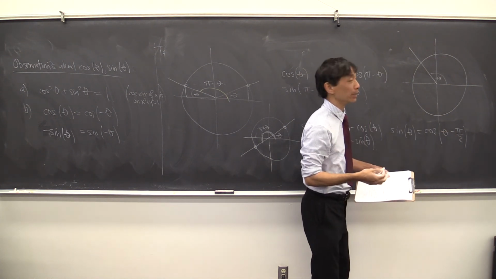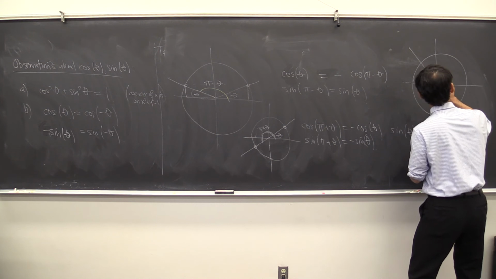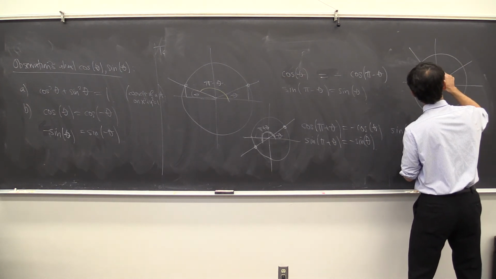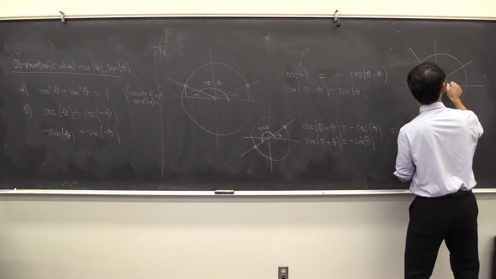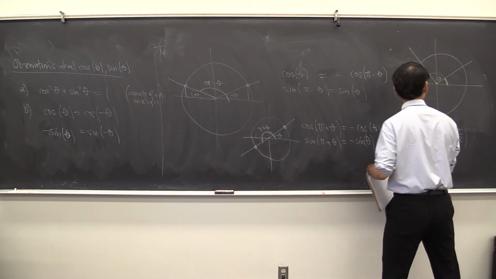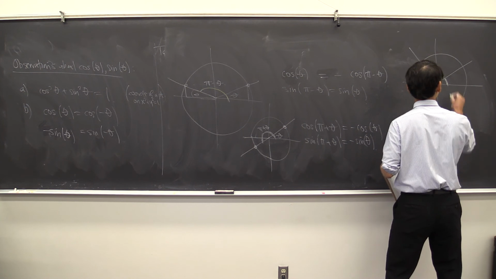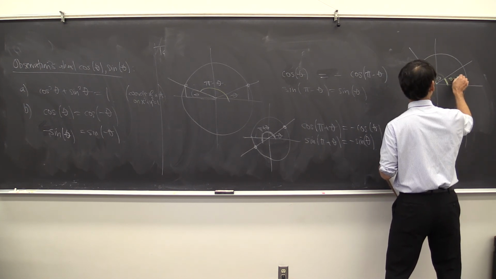So I've got this angle theta, and we subtract off pi over 2 of it. Pi over 2 is a 90-degree angle. We subtract that off, and we get this angle here. The full angle is theta. This guy right here is theta minus pi over 2.